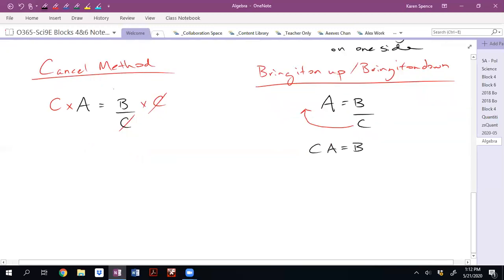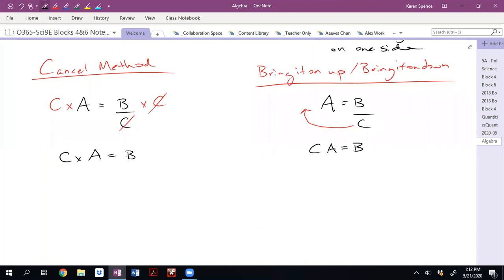Now back in our cancel method, we actually have the same thing at this point. We have C times A is equal to B. Okay, so we're actually where we left off in our previous example, where we had B all by itself, but we don't want B all by itself this time.